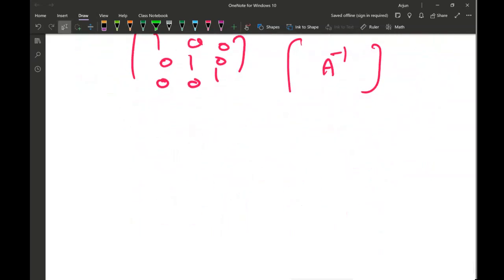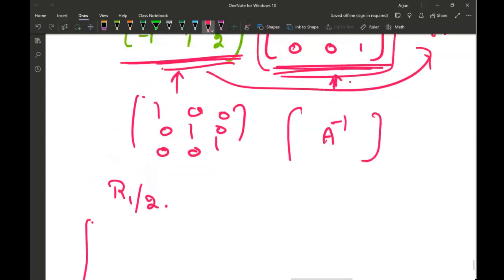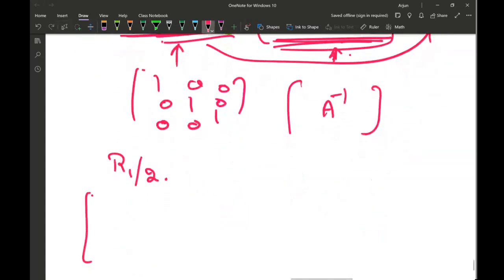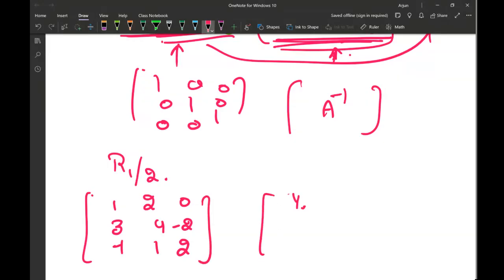So let's do it. The first step is R1 divided by 2. If I apply that operation, it becomes 1 2 0, and 3 4 -2, -1 1 2, and then I apply the same operation on the other side: 1/2 0 0, 0 1 0, 0 0 1.